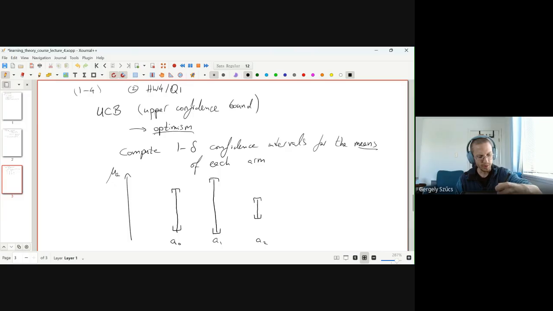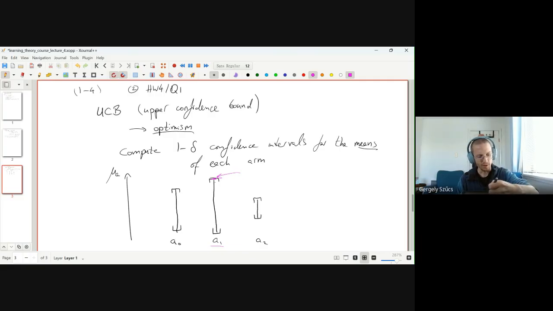And then this principle of optimism is basically saying we pick the one with the optimistically best, possibly best output, which in this case would be A1, because the possible highest mean based on our confidence interval is the highest here out of the 3 arms.